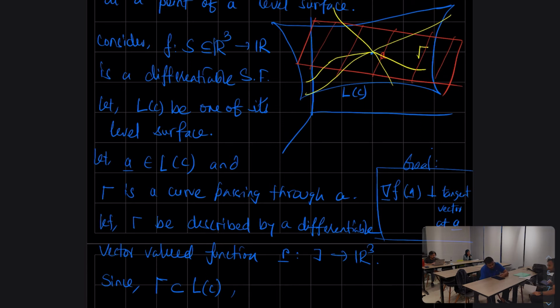How many curves can there be? Infinite number of curves. For every curve I will find a tangent vector which will be orthogonal to the gradient. Therefore the tangent vectors of all these curves, that's the correct way of saying it, define a plane.